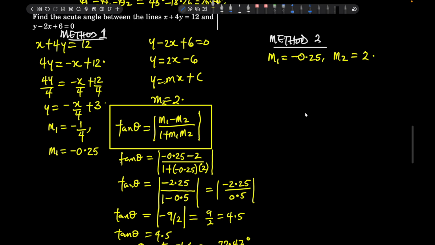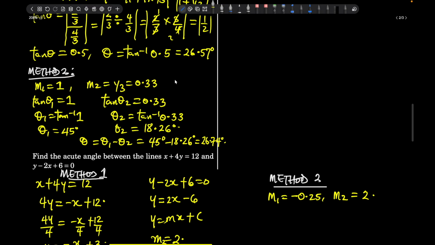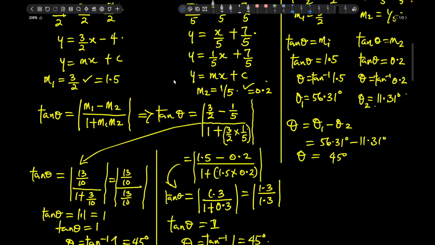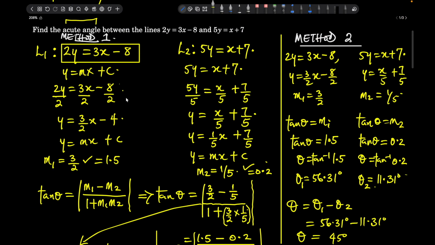Now, be patient here where we have stopped. Method 2 is a bit tricky. It is fine when both of your slopes are positive. If you look at the first one that we did, let's come back up here, M1 is positive 1.5, M2 is positive 0.2.